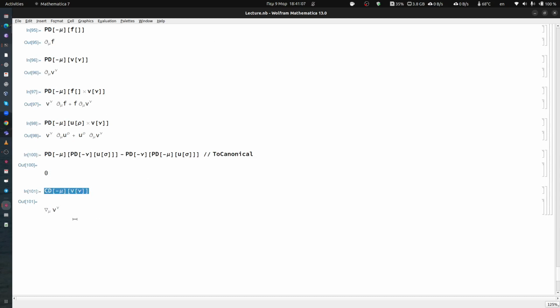And you can apply this on a one form, for example. So let's write down here the omega one form. And that gives you d mu omega nu.